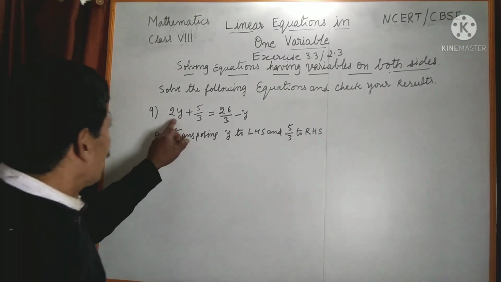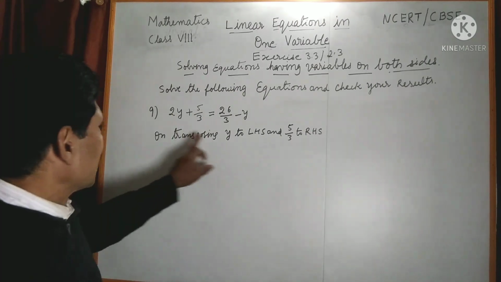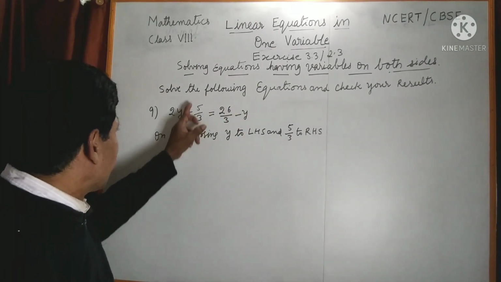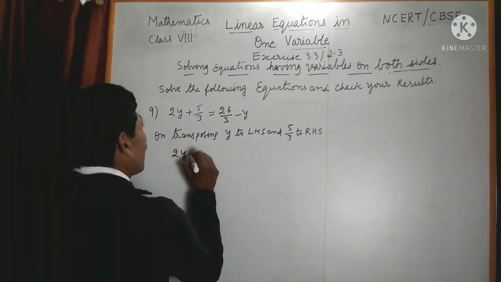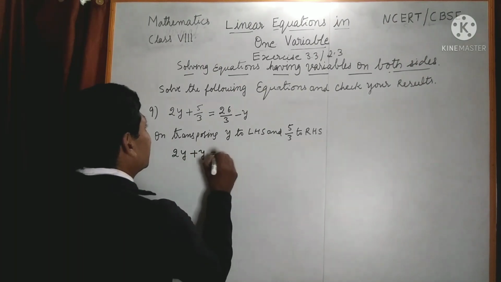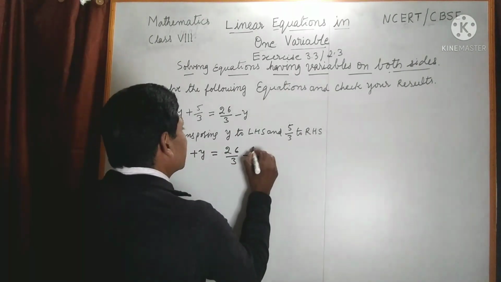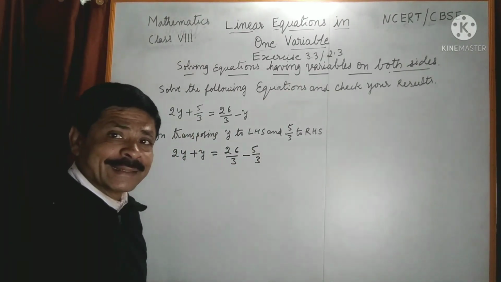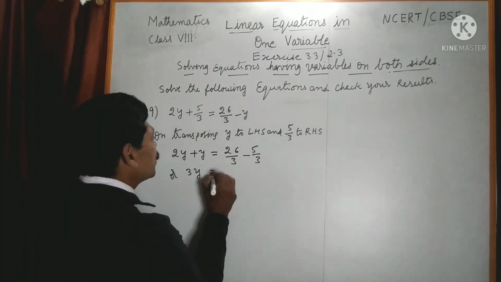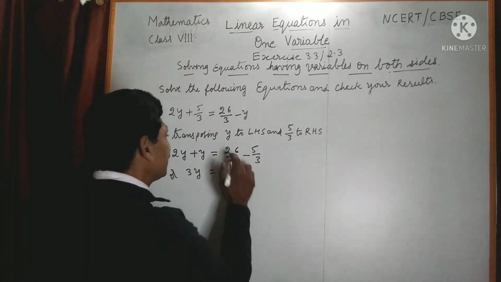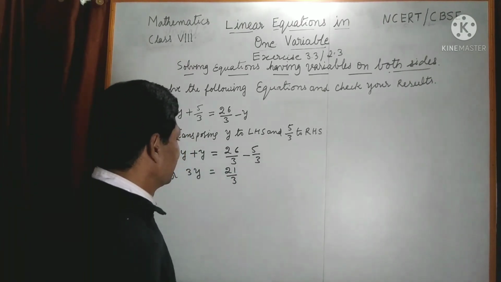Question number 9. 2y plus 5 by 3 is equal to 26 by 3 minus y. Now, on transposing y to left hand side and 5 by 3 to right hand side, we get 2y plus y is equal to 26 by 3 minus 5 by 3, or 3y is equal to, here common denominator, 26 minus 5 is 21 by 3.